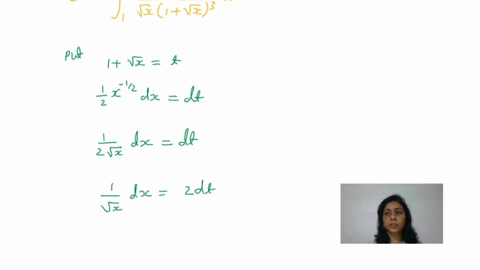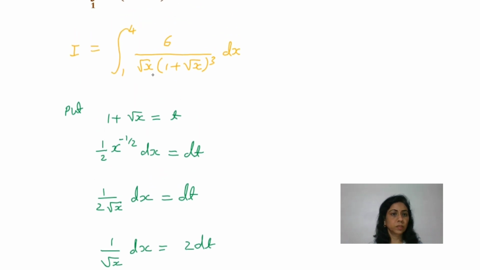And we can see here the limits. When x value is 1, that time x value 1 put here, and square root 1 is 1, 1 plus 1 is 2, so t value is 2.